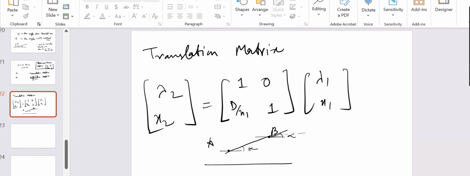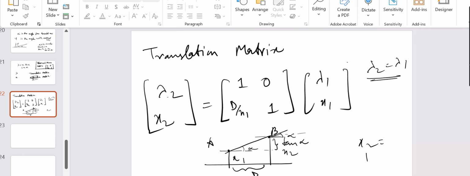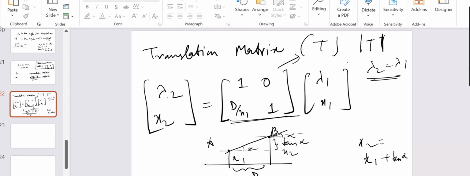So you can see that lambda 2 is equal to lambda 1, and they are in the same medium. But x2 is different from x1: if this distance is d, this is tan alpha, so x2 is x1 plus d tan alpha. From that equation this translation matrix came, denoted by T, and the determinant of T is always 1.